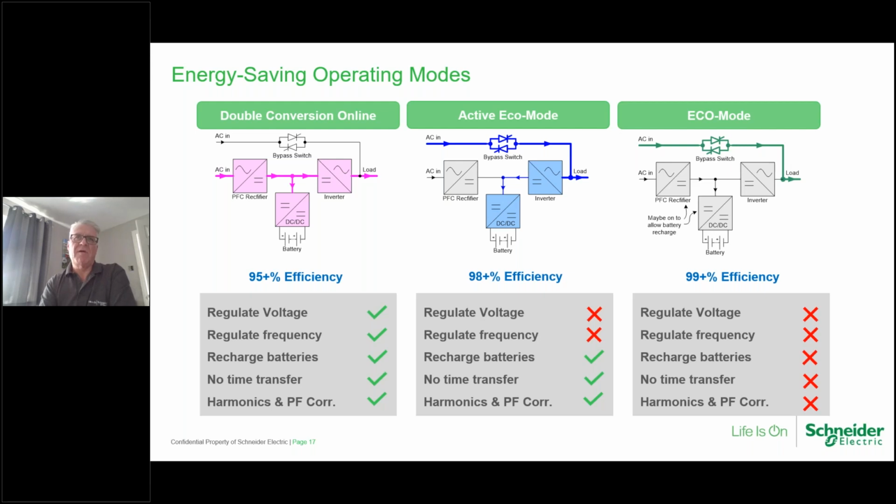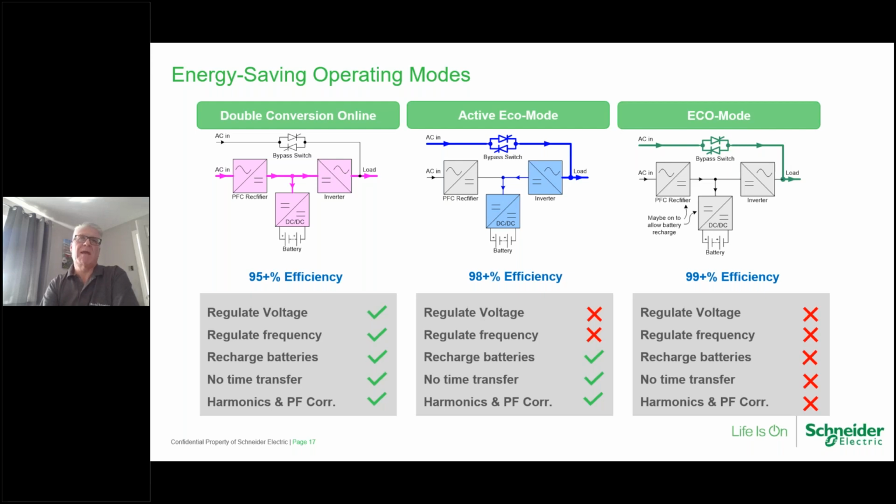So it's getting very close to eco mode, but we're providing additional levels of protection. We are also sorting out the harmonics down the line, and providing some power factor correction back to the grid. No transfer. We're recharging the batteries so they're ready and available as soon as they come to operate.